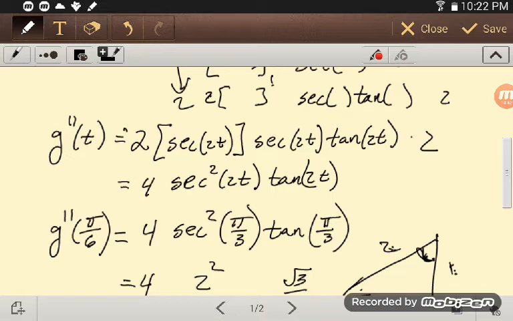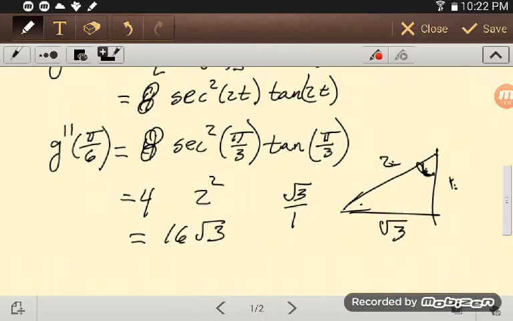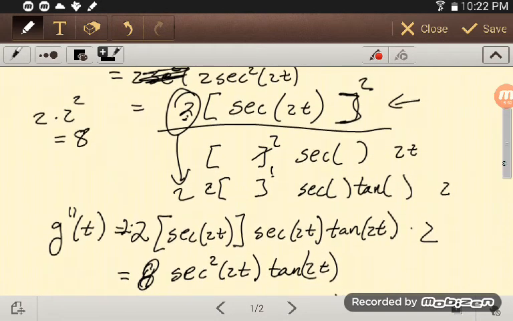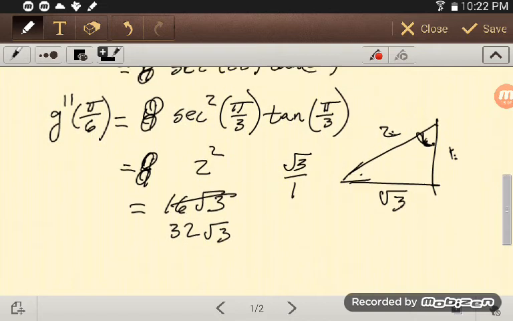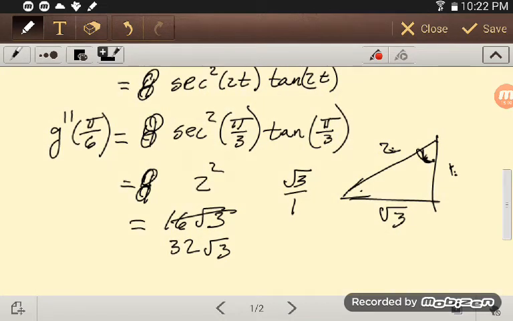This should have been 2 times all that, and so we should have had an 8. That should have been an 8, and so this should have been 32 times the square root of 3. I lost a 2 in there. Happens. We found it, and by using technology and so forth, I was able to check my answer. So it should have been 32 times the square root of 3.